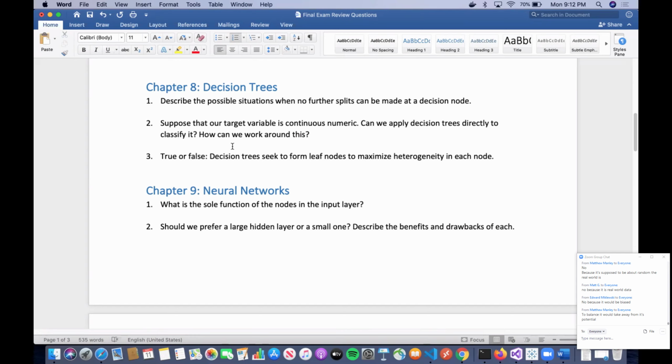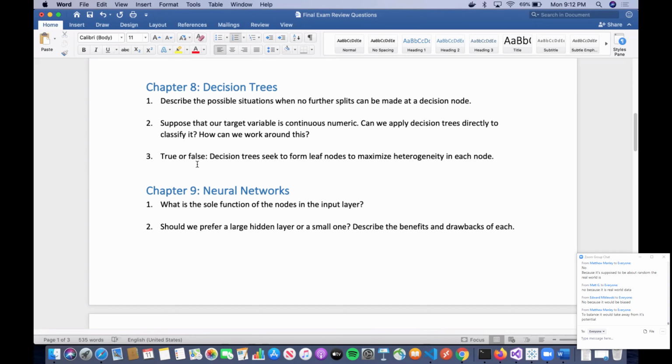To use a continuous target variable for classification, we first have to discretize it. So we have to change it into a discrete variable. This process takes a range of values and converts them into discrete categories. So again, if you revisit the slides, you will see examples of that.